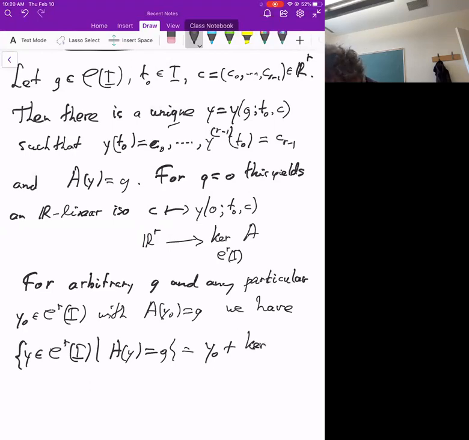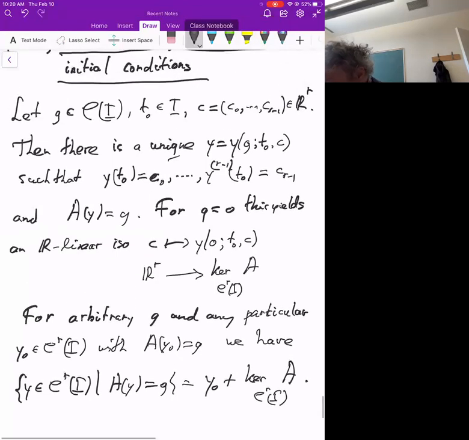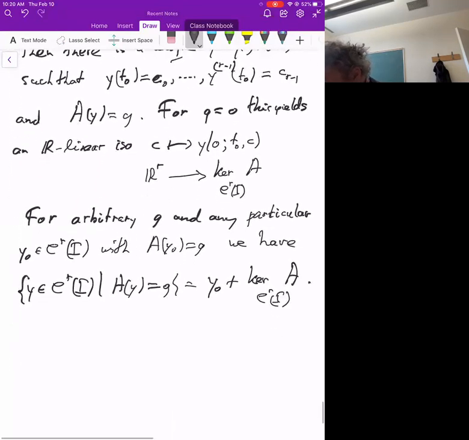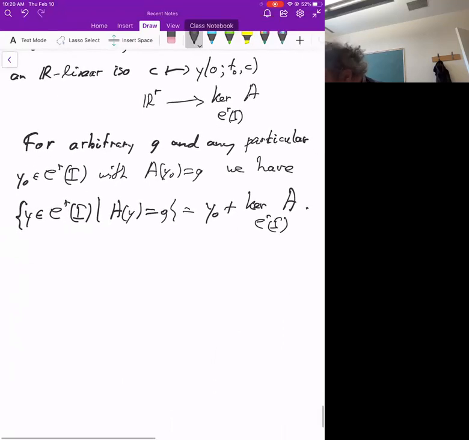Because any solution of the corresponding homogeneous equation works. This is just trivial linear algebra, iterating a well-known fact, using the above statements.